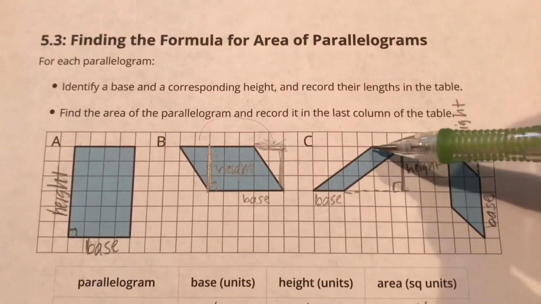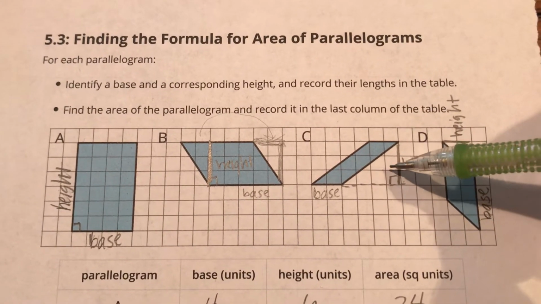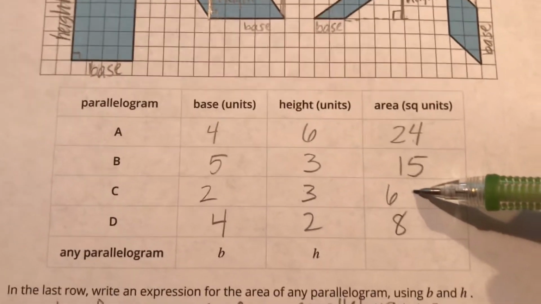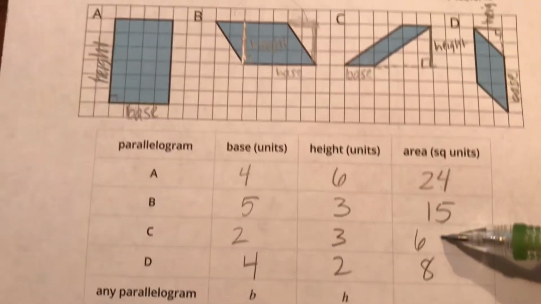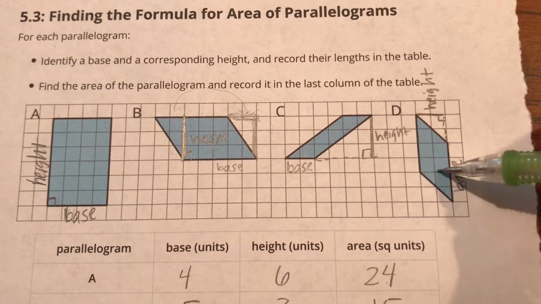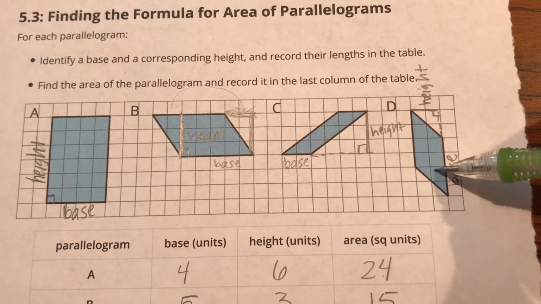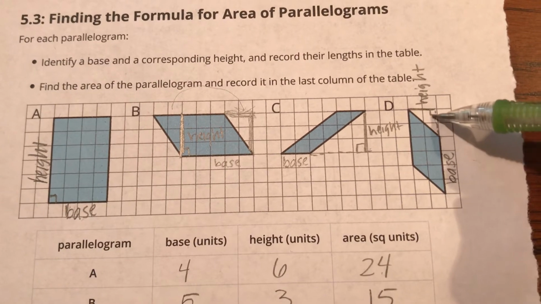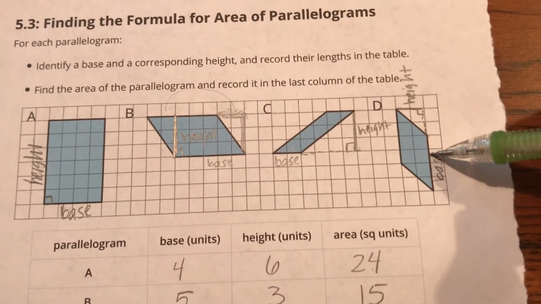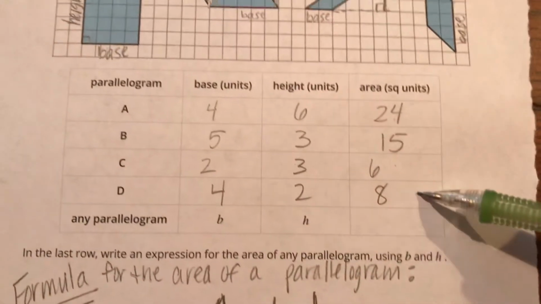I'm not going to go through actually drawing that out on this piece, but it would turn into a rectangle that has an area of 6 square units. And then finally this base and height, same thing. If I cut off this triangle here and move it over so that it fills in the space where I drew the height, I would have a rectangle that's 4 by 2 and the area would be 8. So I wrote that down.